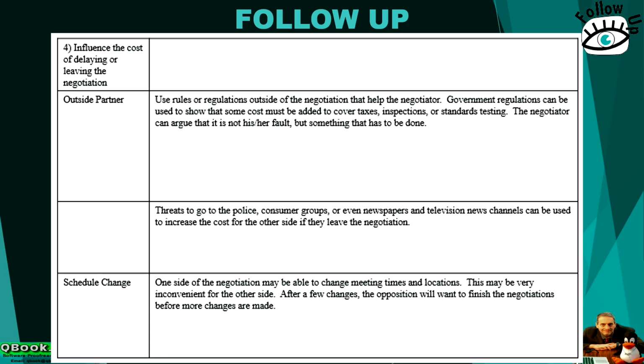You can use outside partners. You can change the schedule of the meeting, for example. Oh, we're supposed to meet this morning, but actually we can't make it. We have to postpone the meeting until tonight.